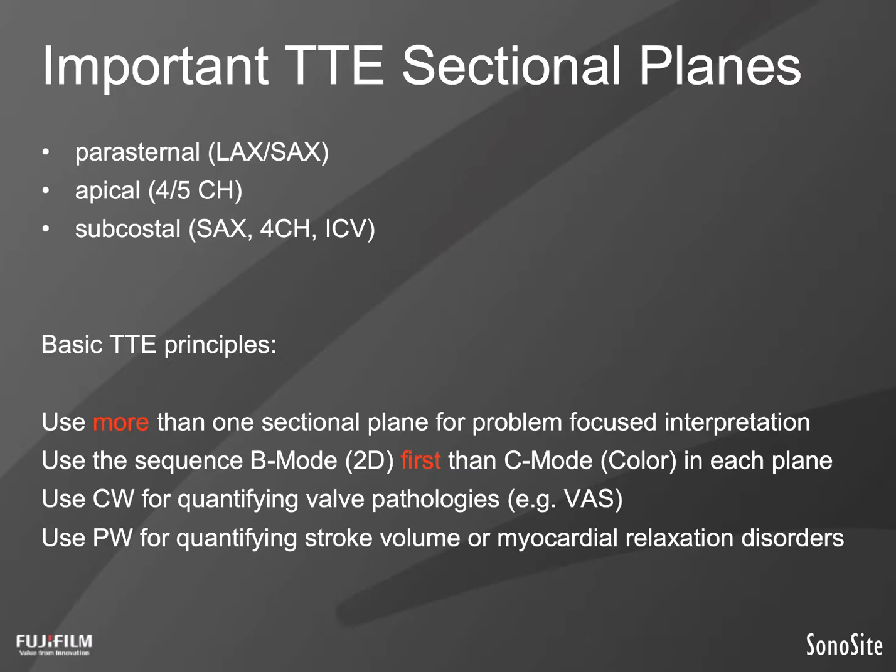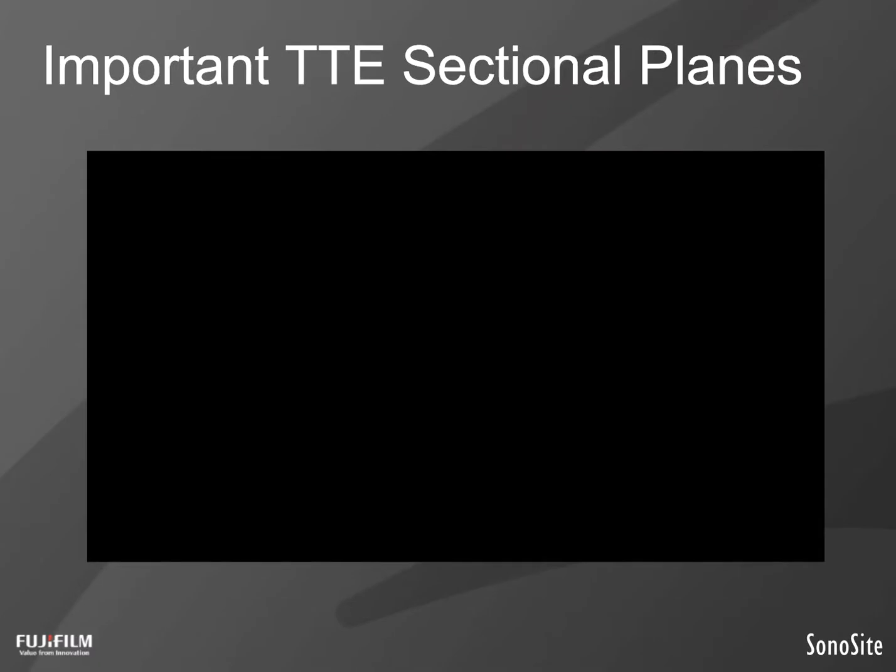Use CW for quantifying valve pathologies and pulse wave Doppler for hemodynamic assessment of stroke volume or relaxation disorders. In the presentation of the respective structures in each sectional plane, it is important to know about the presented structures.